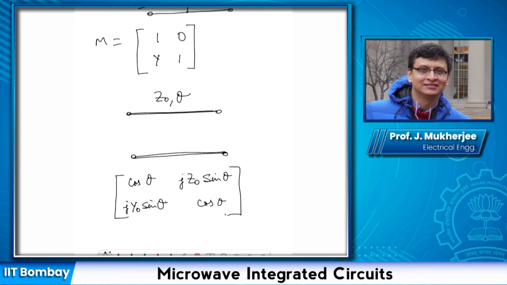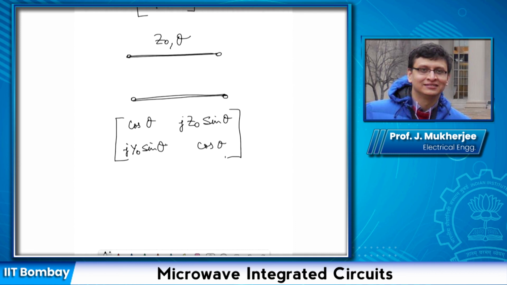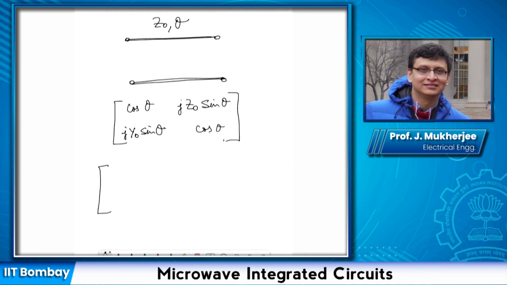So suppose you are given unnormalized ABCD parameters like this, then to obtain the normalized ABCD parameters, note that A and D are dimensionless, and B has the dimension of impedance, C has the dimension of admittance.